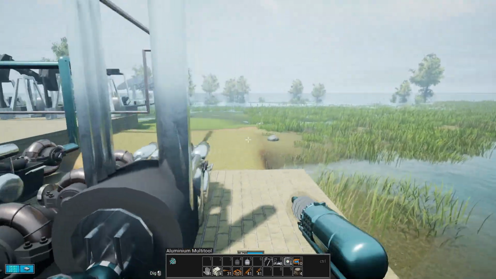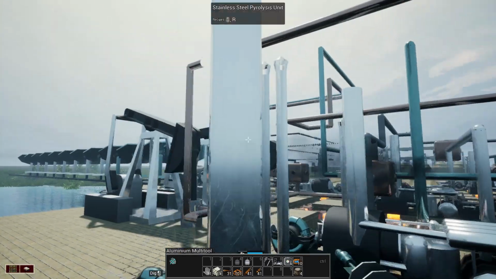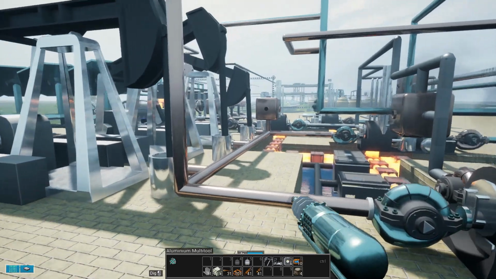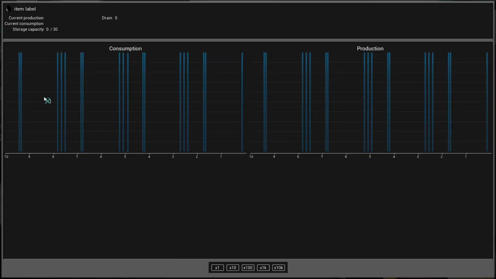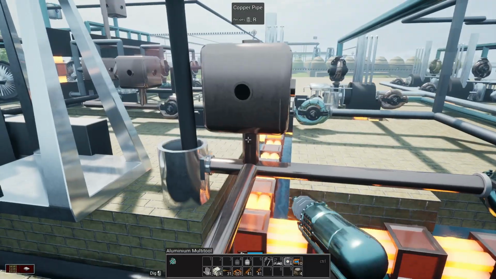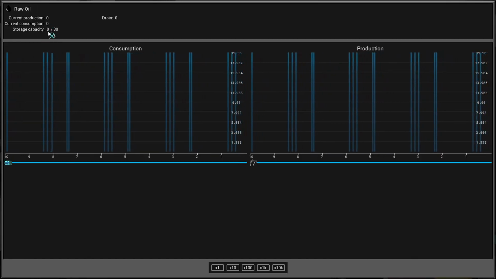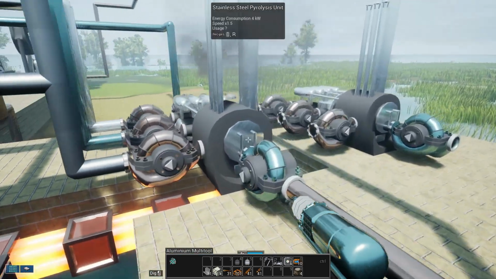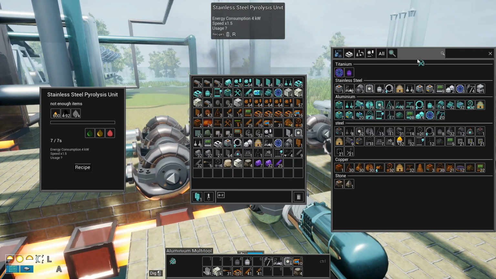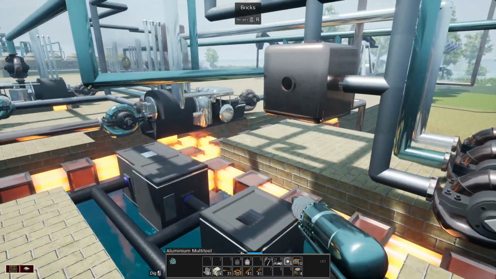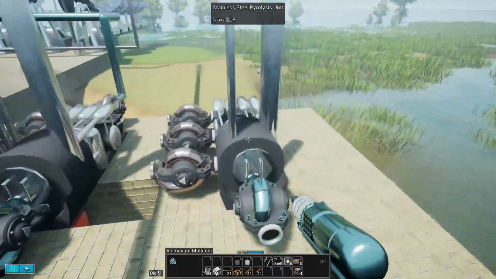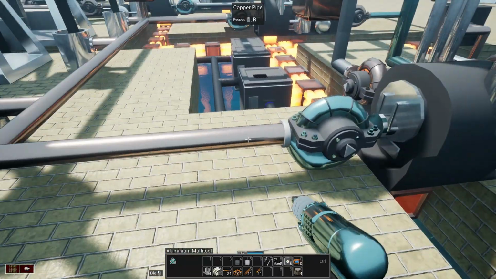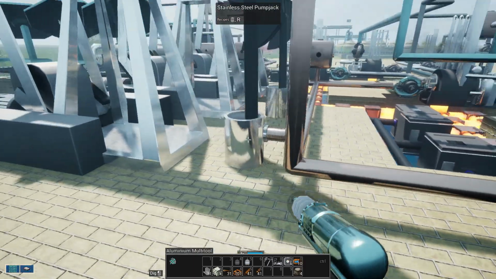And the question becomes, are we storing it? Yeah, of course we're storing it. We're not storing, look at that. We're not storing enough even right now to run all 3 of these, all 2 of these. I didn't even hook that one up because I noticed, hey, I don't have enough input.